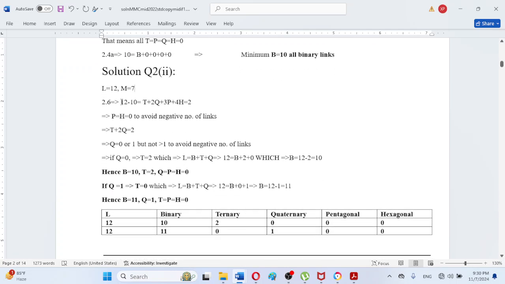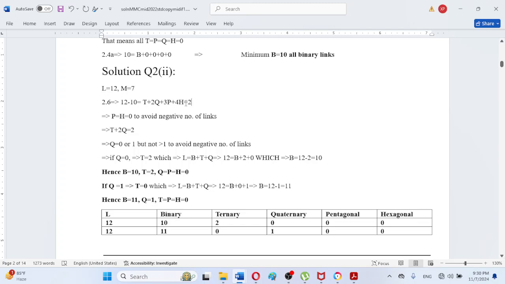Equation 2.6 gives L minus 3 minus M, where L is equal to 12 and M is equal to 7. So 12 minus 3 minus 7 is equal to 2, which equals T plus 2Q plus 3P plus 4H.